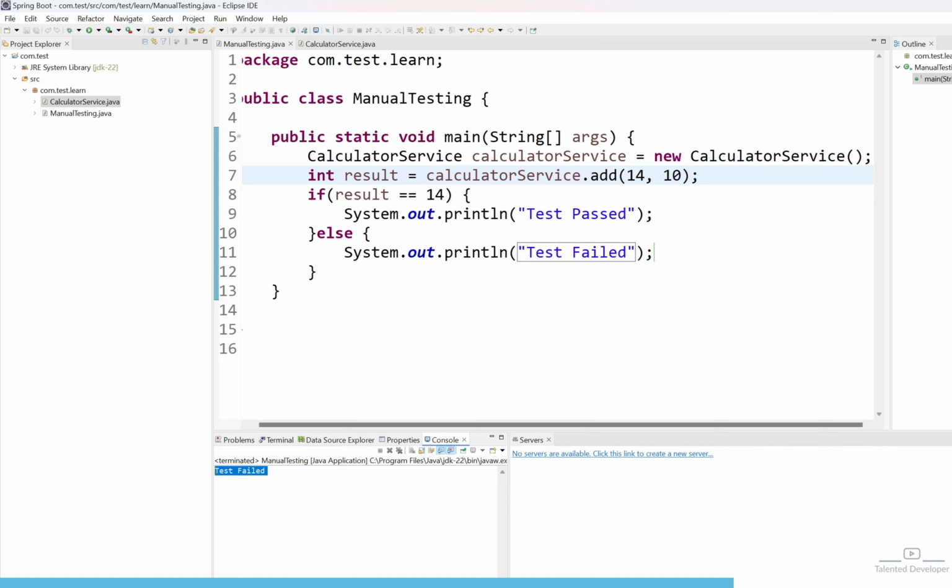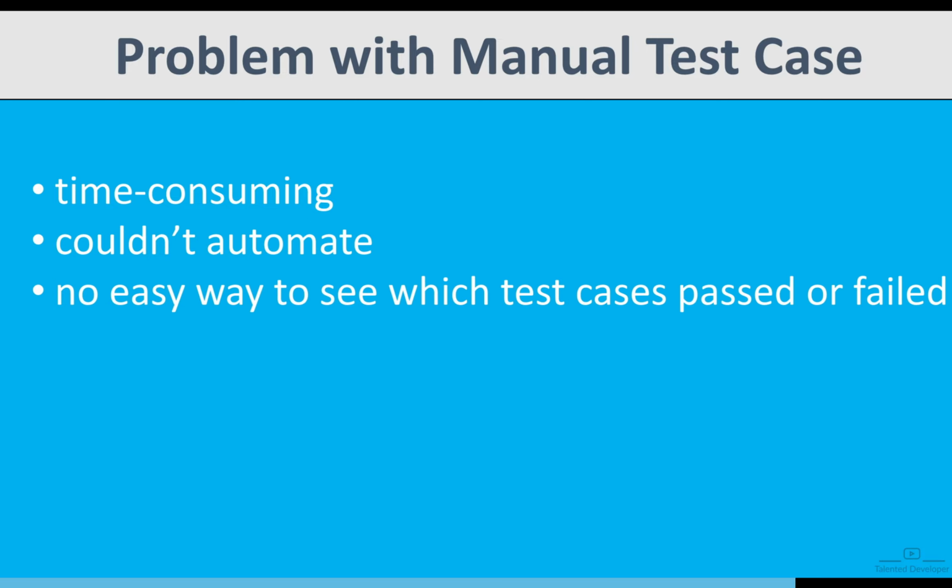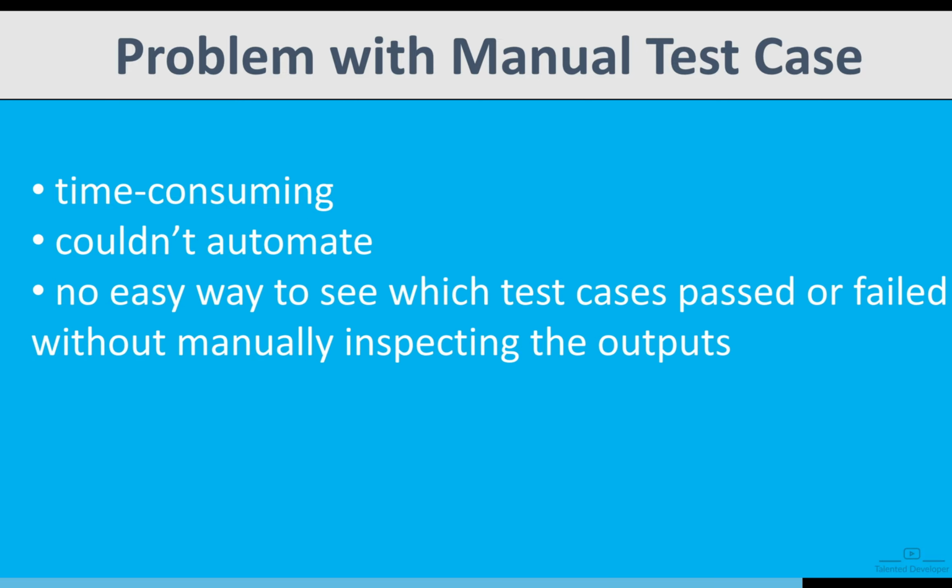This approach was manual, repetitive and prone to error. So what are the problems with manual testing? The biggest problem with this approach was that it is too time consuming, especially when you have multiple test cases to run. You could not automate it and there was no easy way to tell which test case passed or failed without manually inspecting the output.